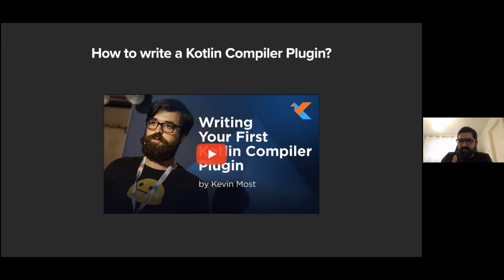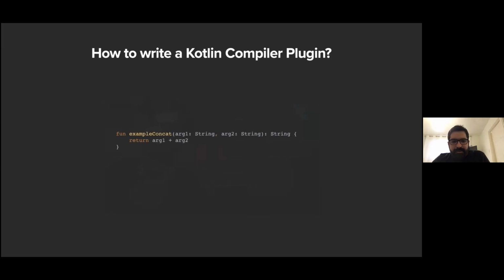So I'm going to use this video as a reference to explain a different way of essentially doing the same, but to me, at least, a bit friendlier. So let's see. We're going to write a Kotlin compiler plugin. We need to know what we want our compiler plugin to do.